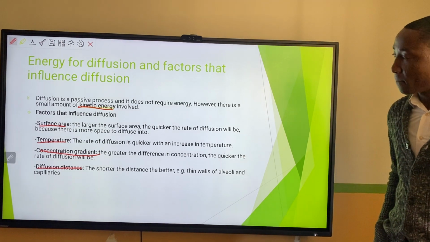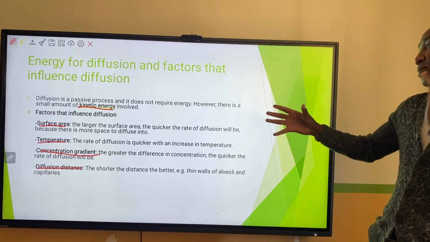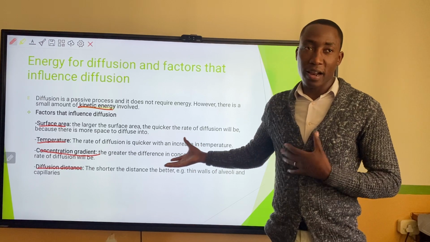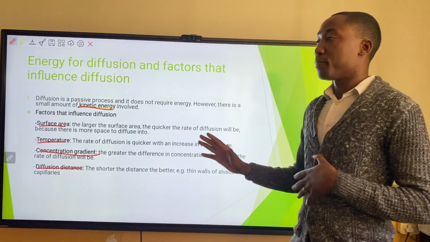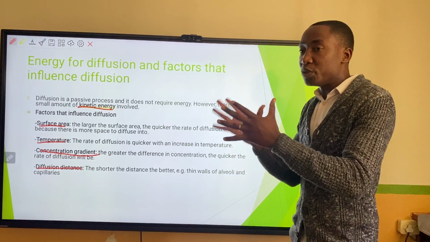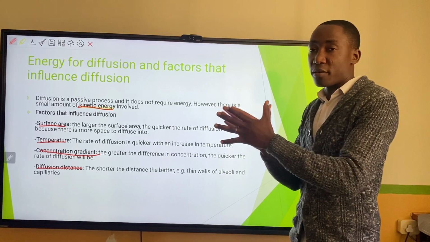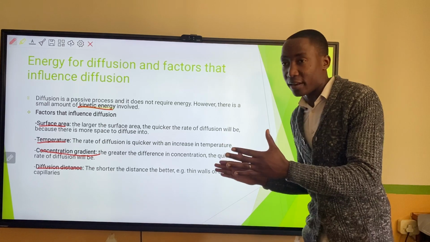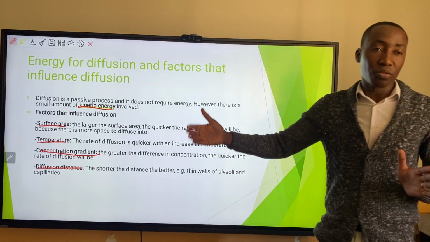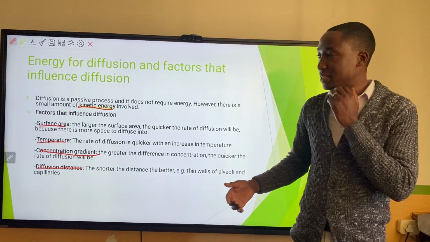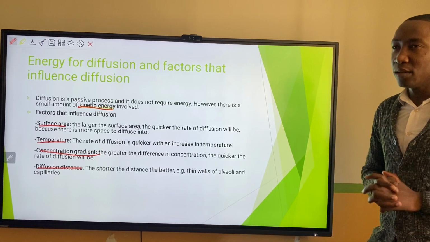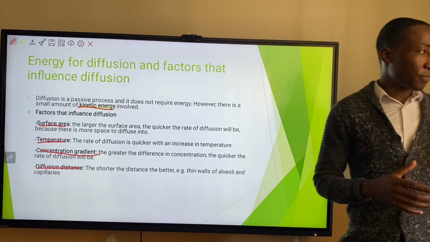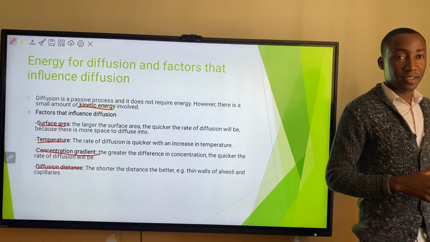Okay, so when it comes now to concentration gradient, it's like you've seen in the first slide that I showed, the previous slide. When there is a bigger difference between two areas on either side of the membrane, diffusion tends to go faster, right? What it means is, if you have, for example, let's say I spray here.